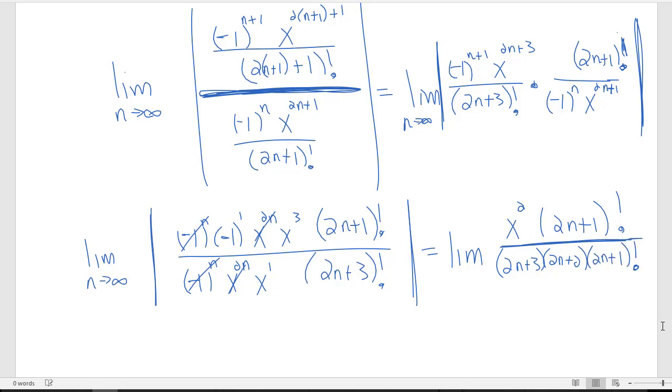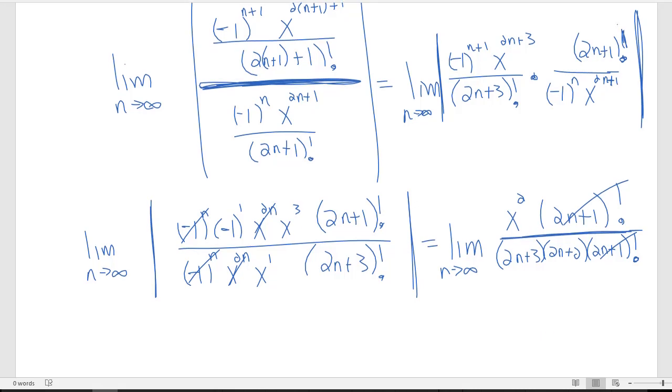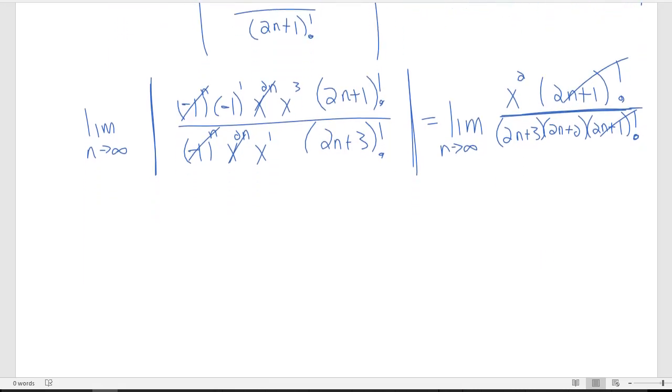And I'm going to stop there so that the 2n plus 1s cancel. And then I really am left with, in the denominator, 2n plus 3 times 2n plus 2. So everything I'm left with at this point is x squared over 2n plus 3 times 2n plus 2. All right, now I'm going to apply the limit.